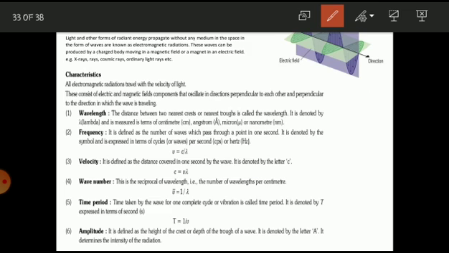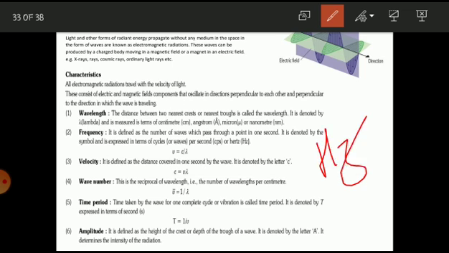Frequency is defined as the number of waves which pass through a point in 1 second. How many waves pass through the point in 1 second? It's called frequency, and it is denoted by the symbol nu, and it is expressed in terms of cycles per second, or in hertz.